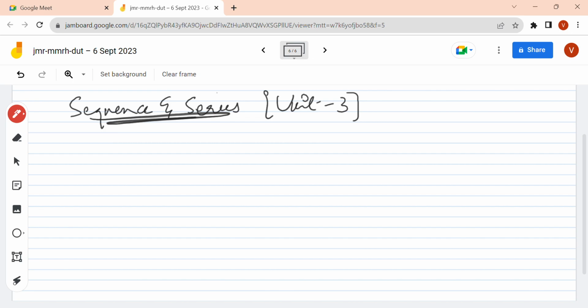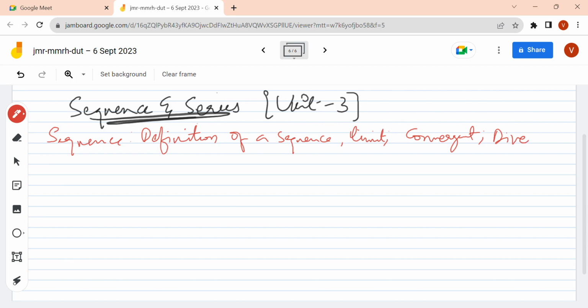And the topics are sequence, definition of a sequence, limit, convergent, divergent, oscillatory sequences, series.